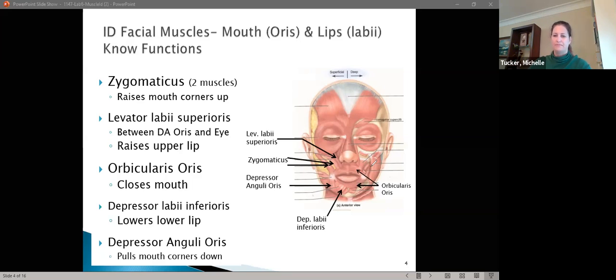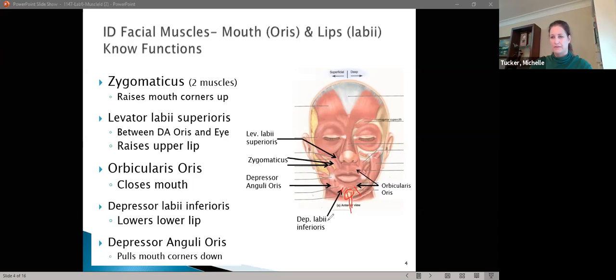Okay, so then we're going to move on to the muscles of the chin. And one that we don't have you identify, but it's good to know, is a set of muscles directly on your chin called mentalis. The reason it's good to know that they're there is because if you start at mentalis and work your way out, then there's this set of muscles here, depressor labii inferioris. Depressor means to pull down.